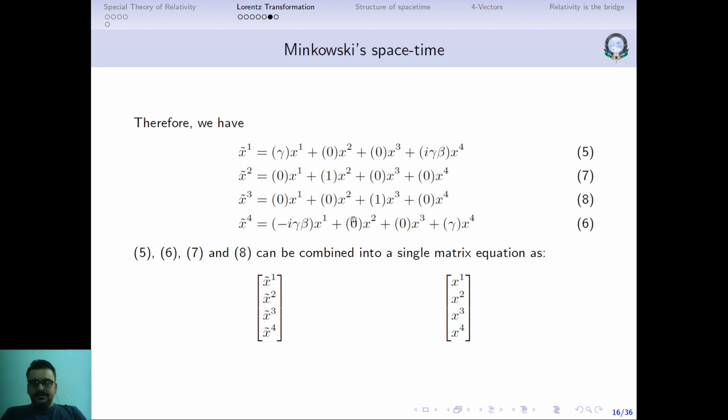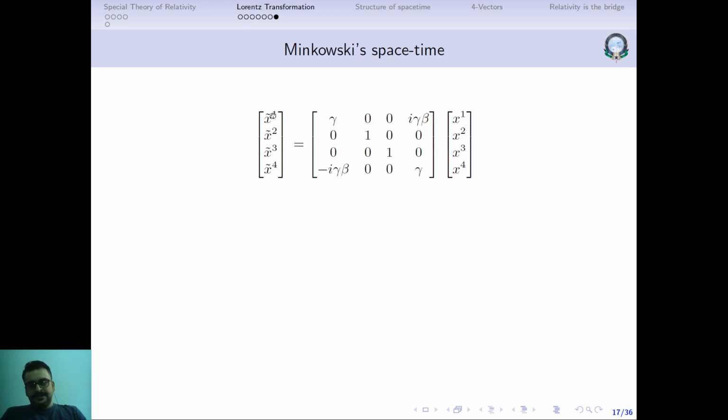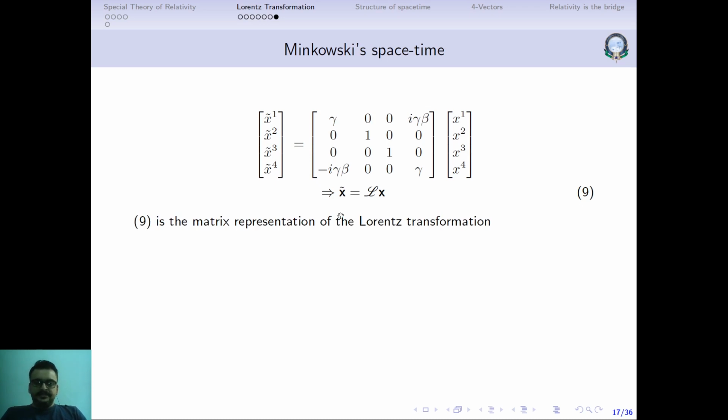And all these coefficients that we have, we can take together and replace with a single matrix. So these 4 equations can be combined into a single matrix equation like this. We could also write it more simply as vector x tilde is equal to L into vector x. Call this equation number 9, which is basically the matrix representation of the Lorentz transformation.